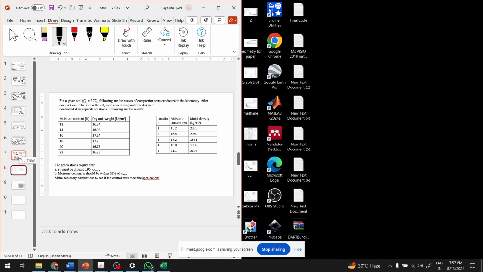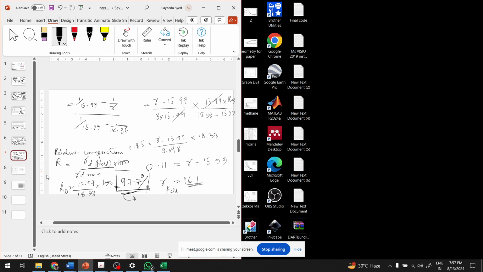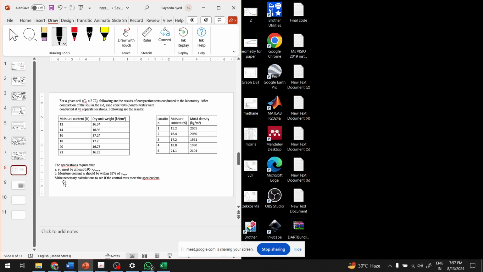Okay. So these were our questions on field compaction. How much time do we have? Yeah, we have some time. We can do another question. For a given soil, GS is 2.72. Following are the results of compaction tests conducted at the laboratory.